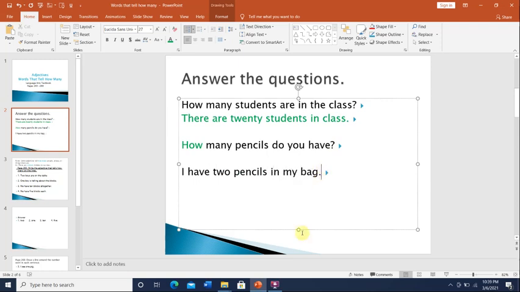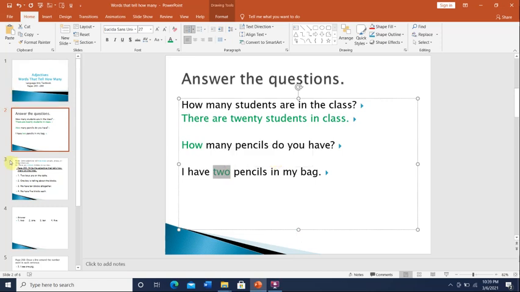What word did I use to tell about the pencils? I used an adjective that tells how many. How many pencils do I have? I have 2 pencils in my bag. So today we will be using adjectives that tell how many.